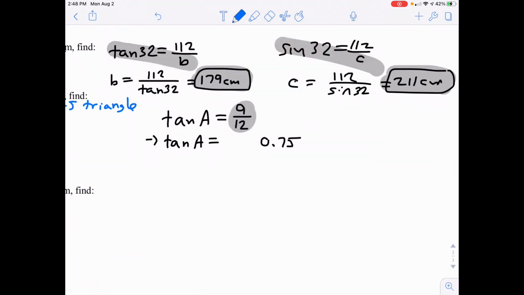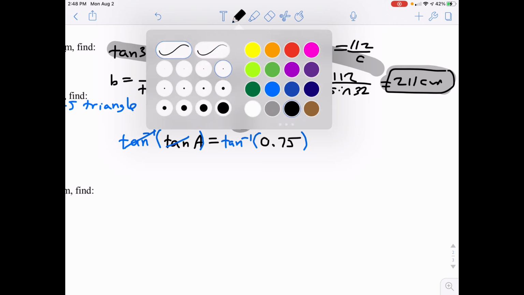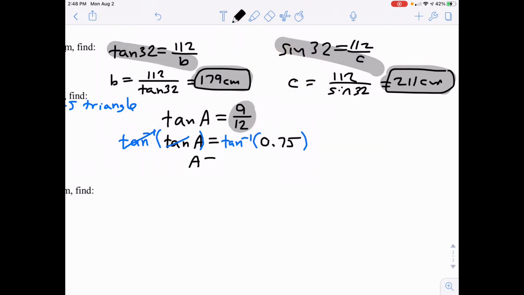We're going to take the arctangent, which is written as tan to the -1. We're going to do that to both sides of the equation. Cancels, cancels. We now know that angle A is the arctangent of 0.75. So put that in your calculator. Arctangent 0.75.